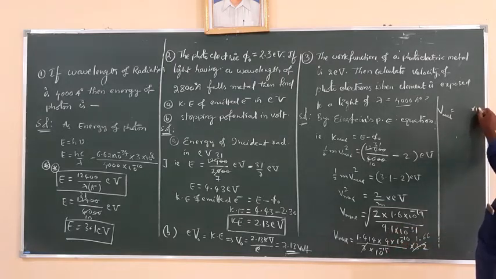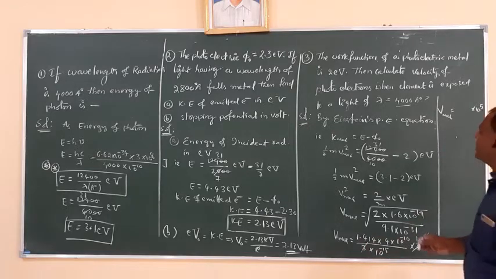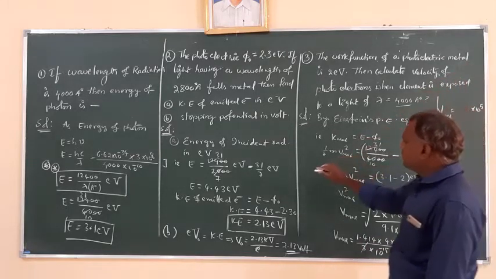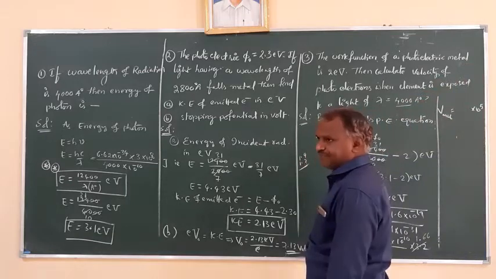So 10 power 5. And this multiplication you can observe here, 1.4 into 1.7. Just to multiply, there is no other option. 1.4 into 1.7, correct?